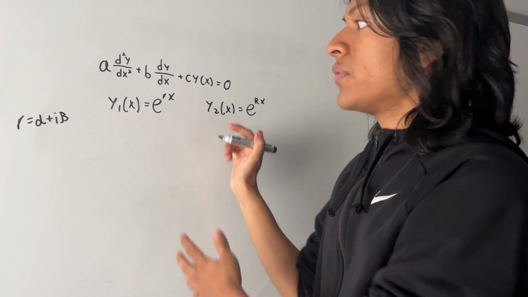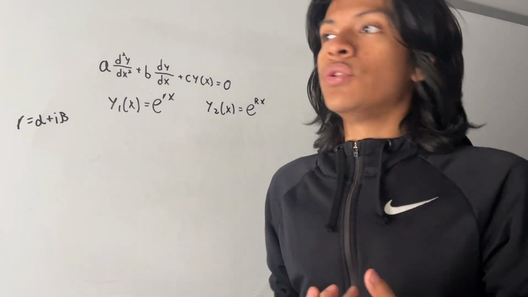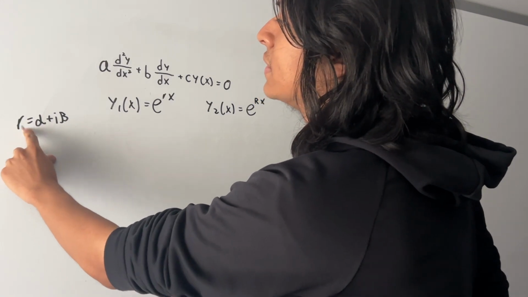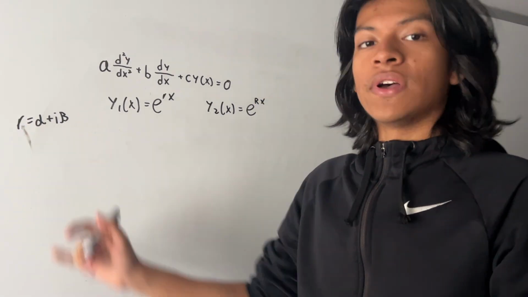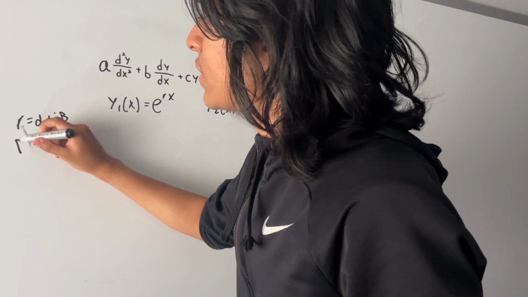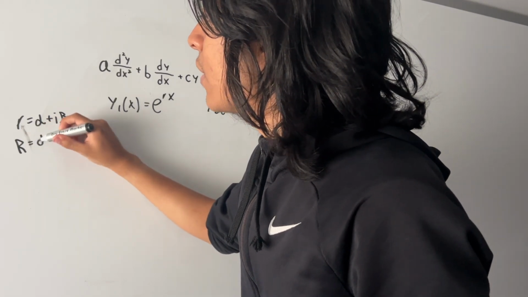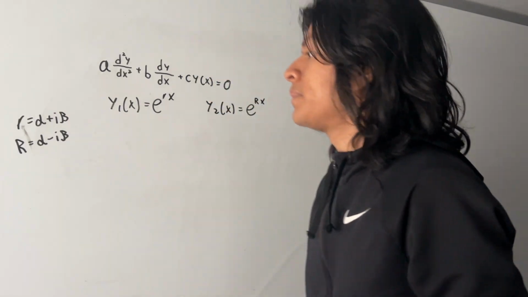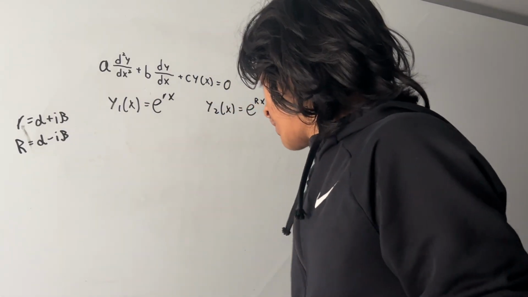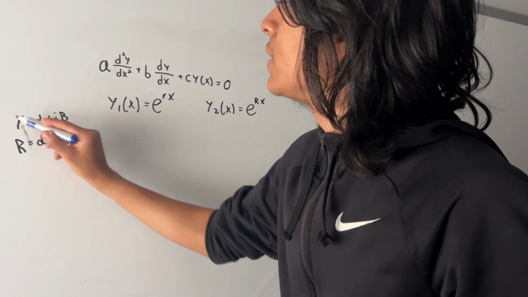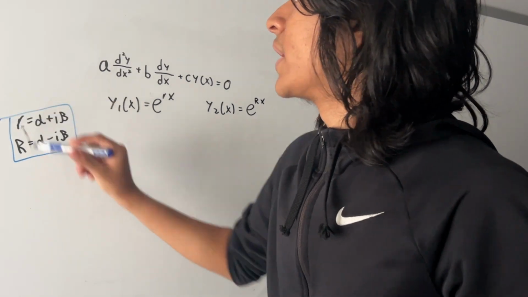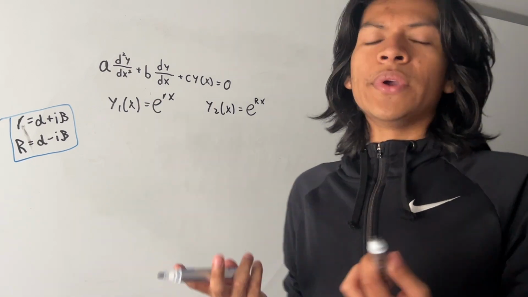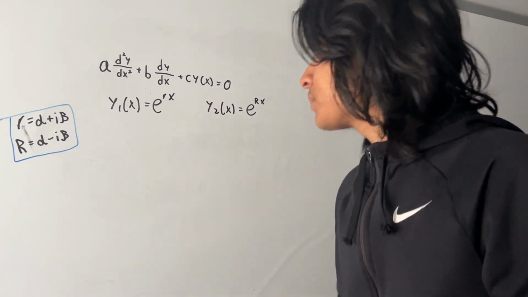When we solve for r in these cases, we would technically get two values of r. This is going to be our first value of r, then our second value of r is going to be alpha minus i beta. So let's say we were to get these types of numbers when we try to solve for r. What would be our solution in this case?